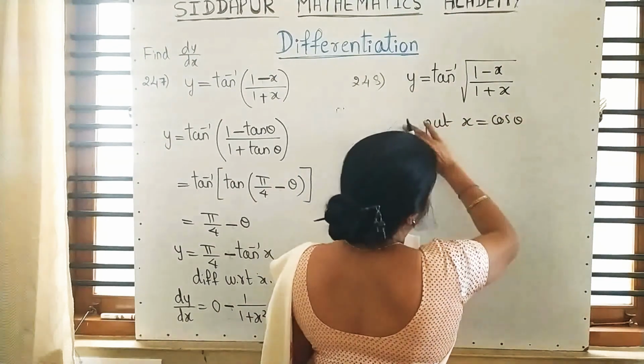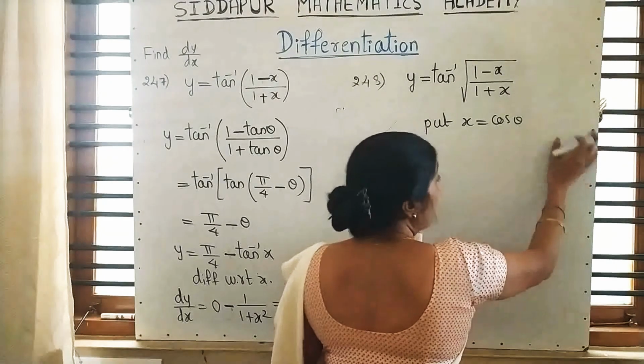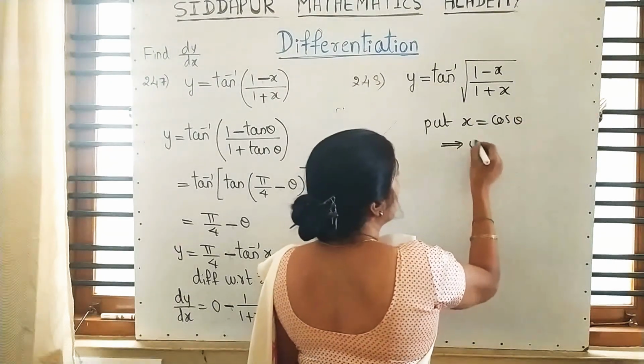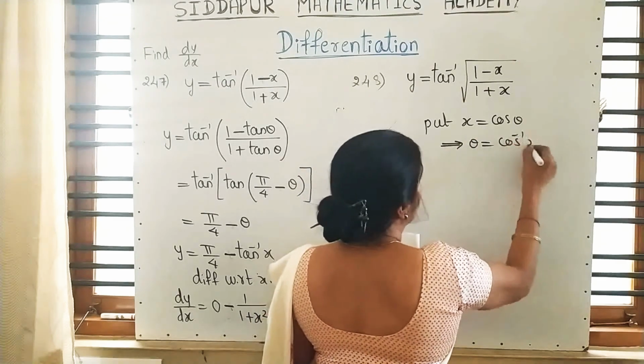And remember, always on the right side, write the substitution. Here I don't have the place, that's why I am writing below. Theta is the cos inverse of x.